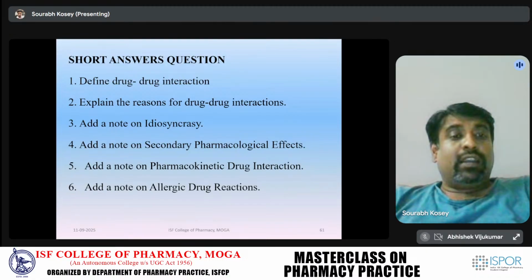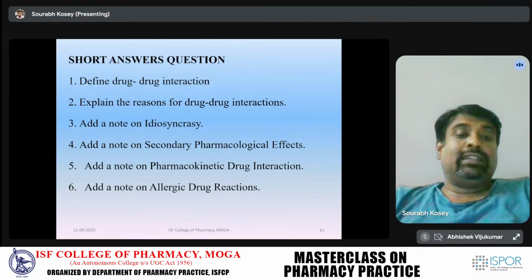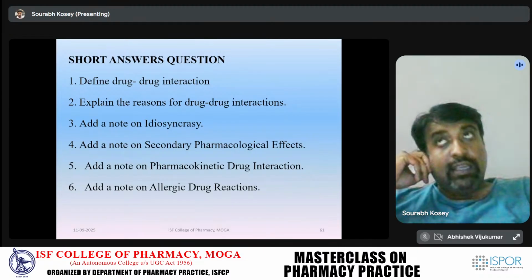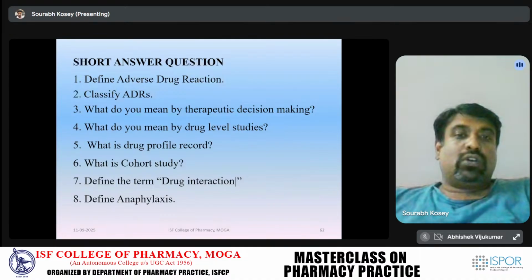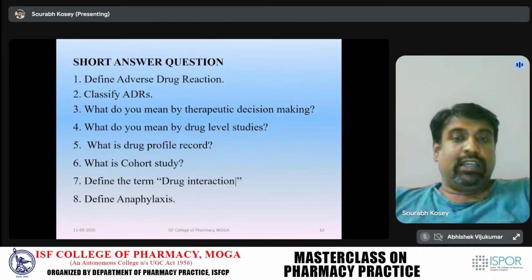define drug interaction, explain the reasons, add a note on idiosyncrasy, add a note on secondary pharmacological effects, add a note on pharmacokinetic drug interaction, add a note on allergic drug reactions, and particularly short answer questions, define adverse drug reactions, classify ADRs.